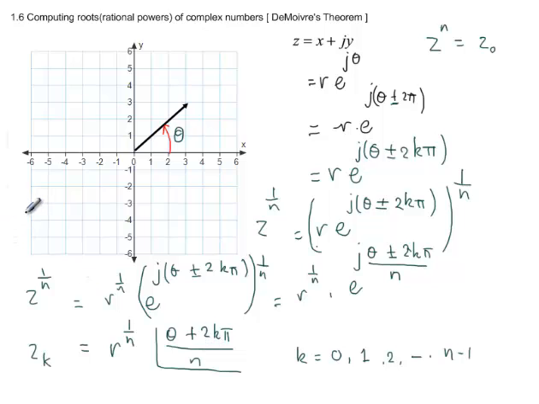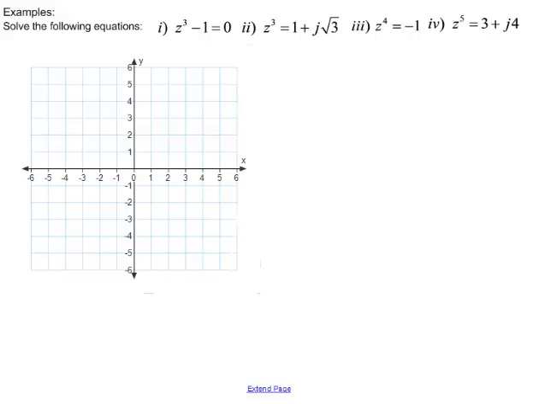Okay, let's come to this point here. Now this is actually an equation. Z cubed minus 1 equals 0. Solve that. What's going to happen here?